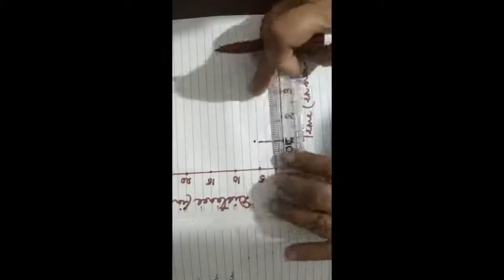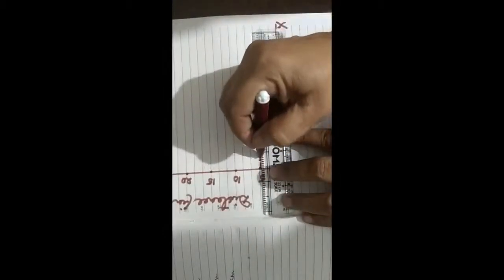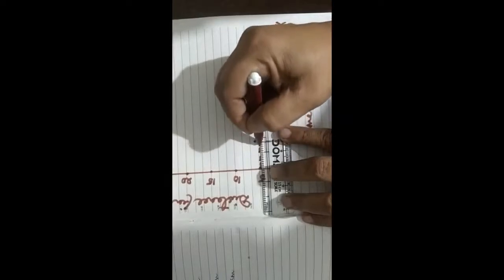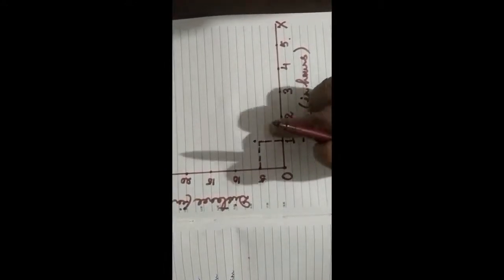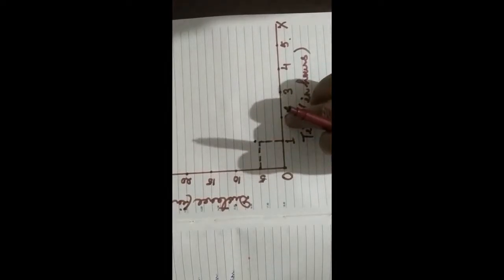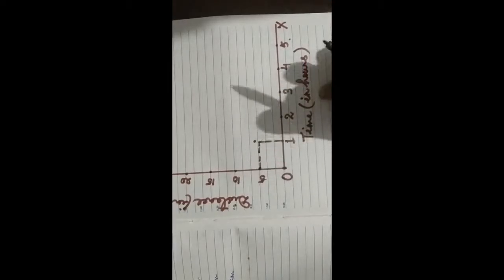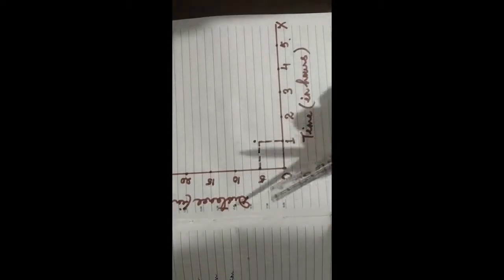And in the same way, parallel to the x-axis. Now you see here, the point where these two lines intersect represents this set of values on the graph. Similarly, you have to mark on the graph paper the points corresponding to different sets of values.